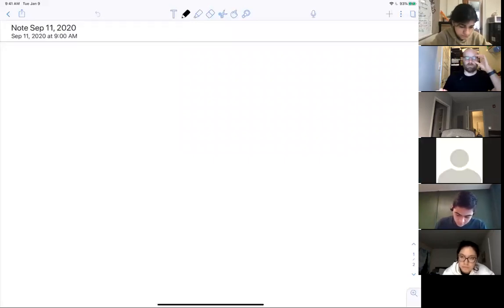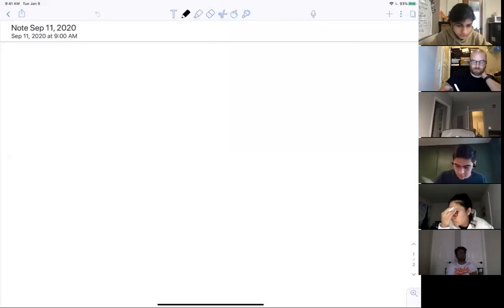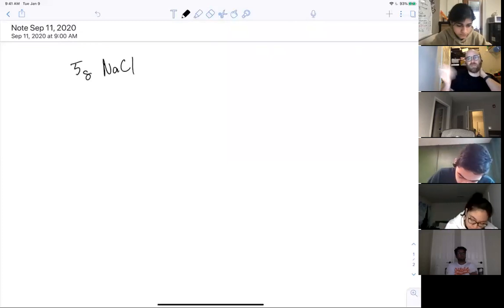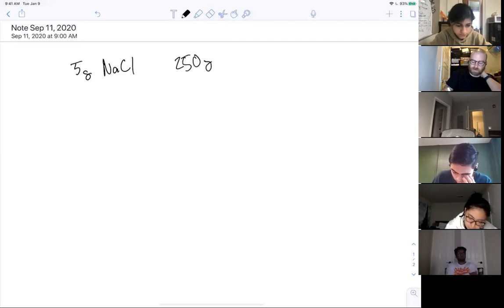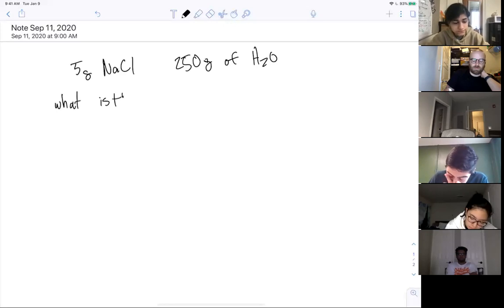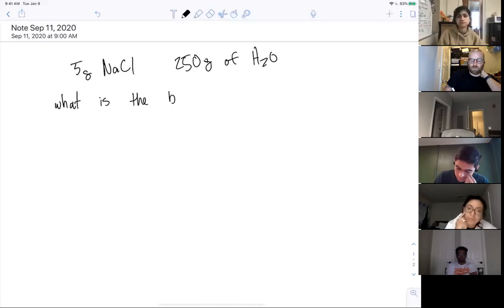So in the exact problem, we have 5 grams of sodium chloride, and they even give you the water, 250 grams of water. And the question is, what is the boiling point elevation?